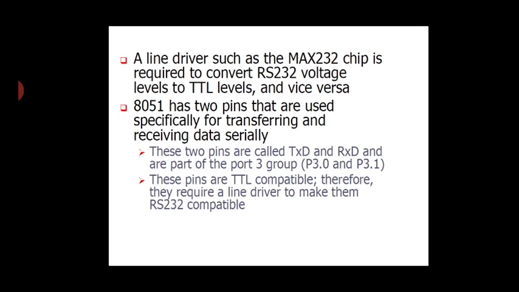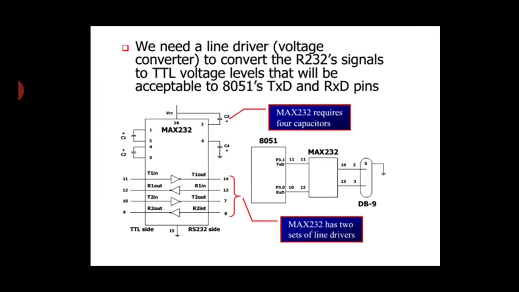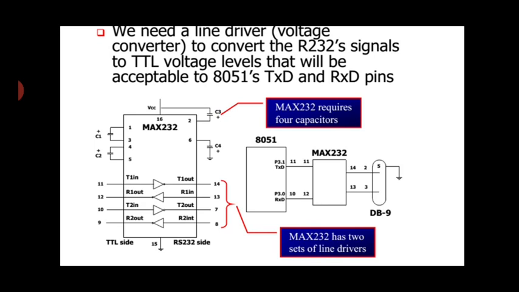Now, the receiver is from which pin? Port 3.0. It means your microcontroller will receive or transmit the data through port 3, bits 3.0 and 3.1. These pins are TTL compatible. You can see there is a connection between your 8051 and a MAX 232.